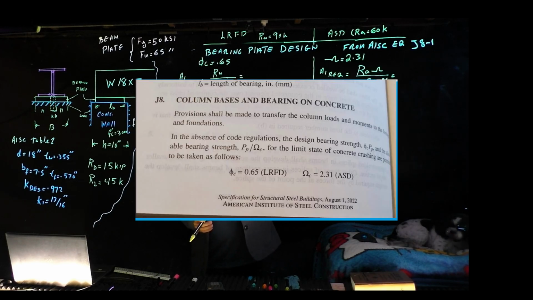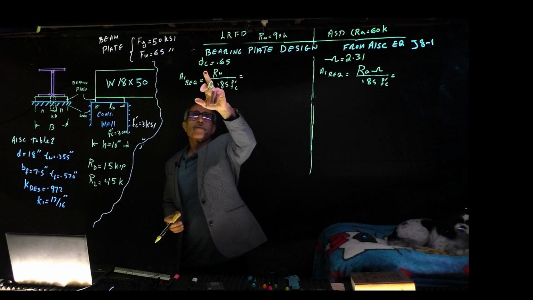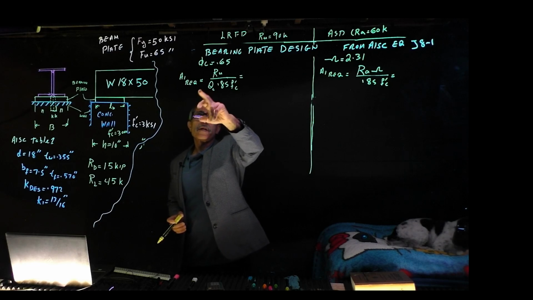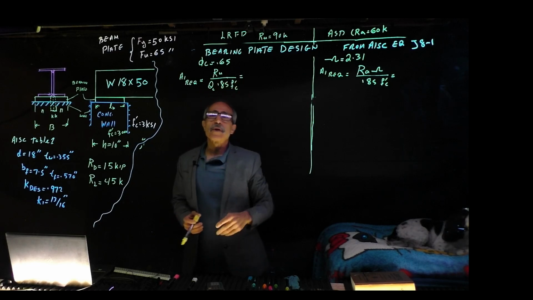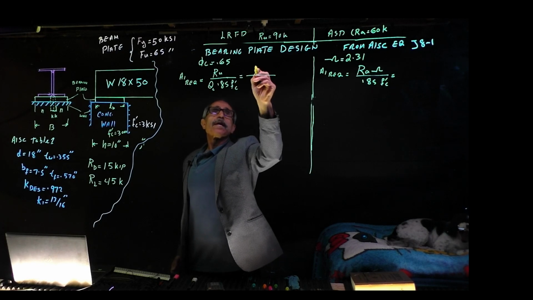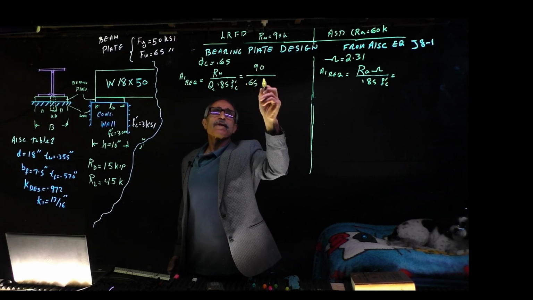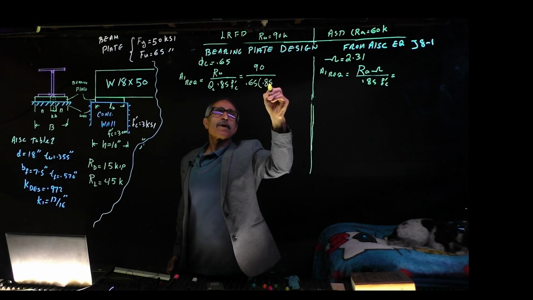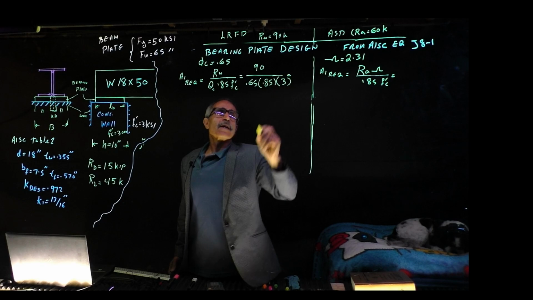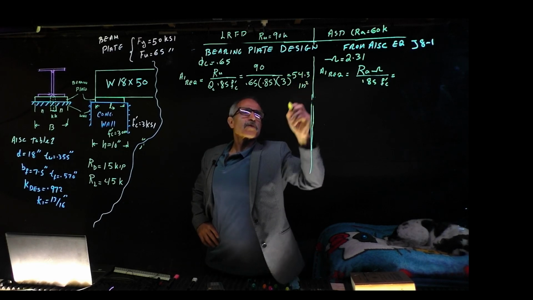It's the concrete column base plate. Phi is 0.65, omega is 2.31, and the required area is basically your force divided by 0.85 f'c. So it's equal here to 90 divided by 0.65 times 0.85 times 3 ksi, and that's 54.3 square inches.